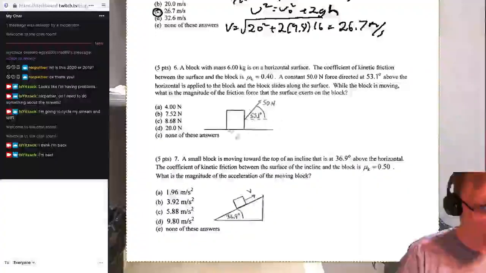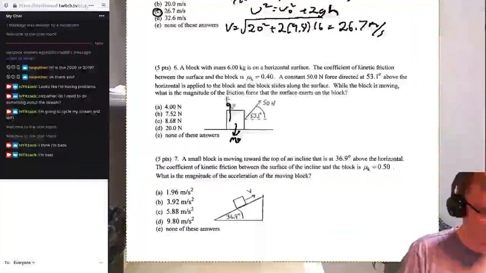All right, so we have an mg going down. We have normal going up. We have this one here, and so we're going to call that force y going up. And we don't care about the rest of that.